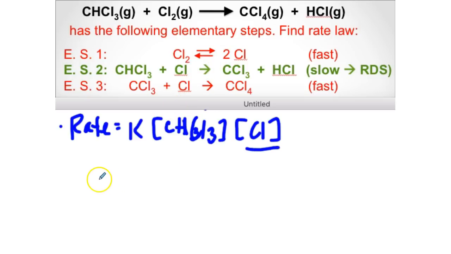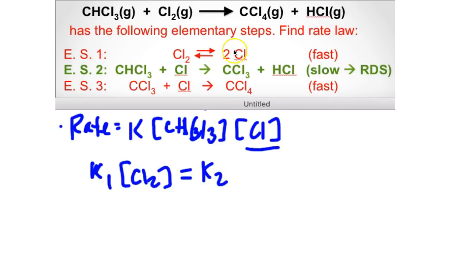Because it's an equilibrium, it moves in both directions. So for example, the forward rate is going to have a rate law of K, we're going to call this K1, times Cl2. But then it's equal to the rate of the reverse. So we're going to call the reverse K2, and we're going to put Cl right there to the second power.